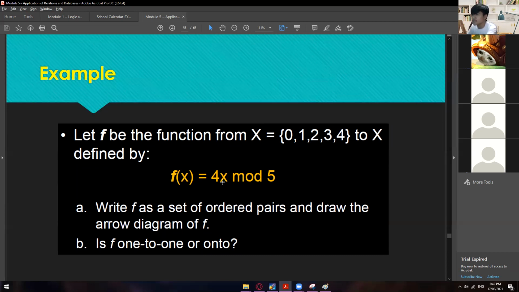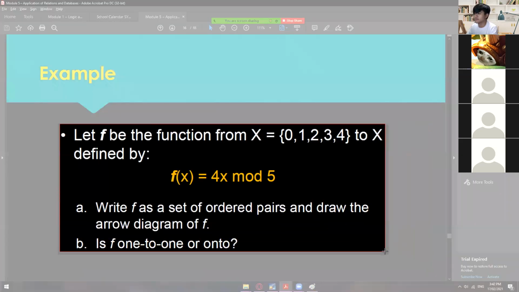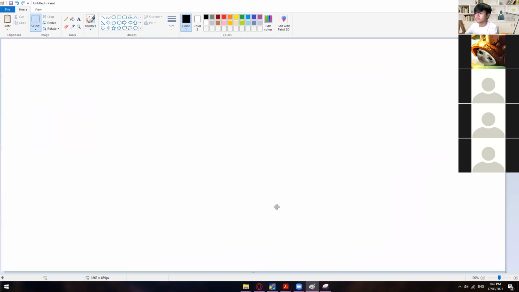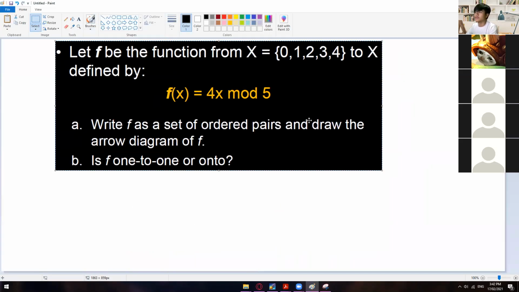But before we can solve for your y, we have this formula or expression. So let's answer this one. As you guys can see, we already have our x's, which are 0, 1, 2, 3, 4. Now we're trying to look for your y, which is this f of x.